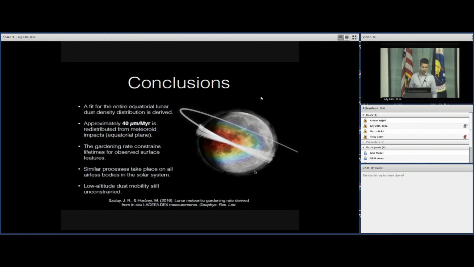In conclusion, we were able to derive a fit for the entire equatorial lunar dust density distribution. From that, we're able to calculate the gardening rate, so we can figure out that about 40 microns per million years is recovering features on the lunar surface. This helps constrain a few different things.